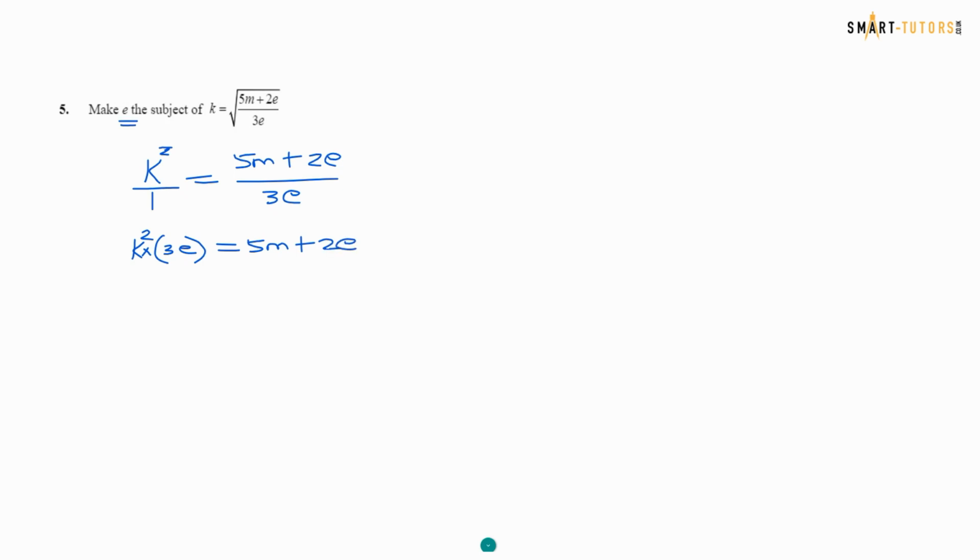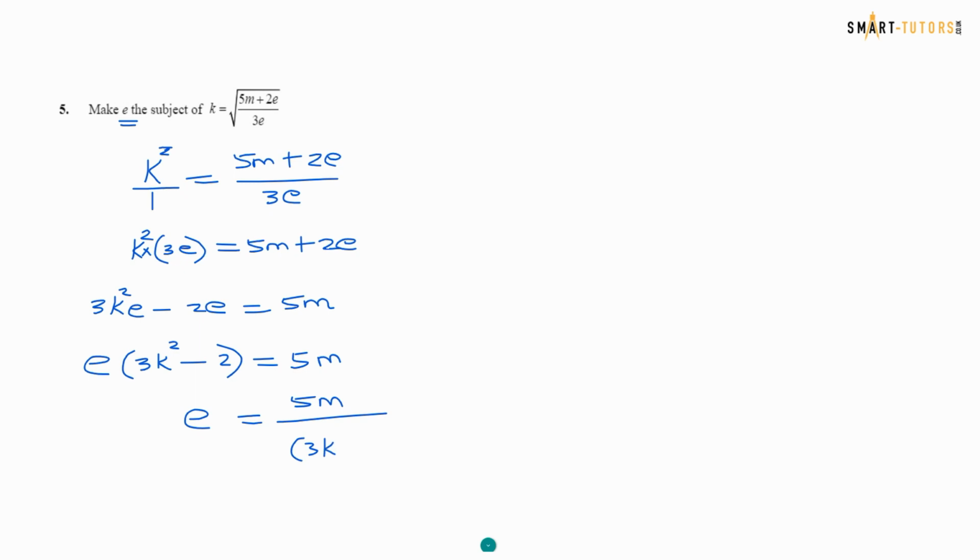E is the subject, so bring everything with e to one side. So 3k squared e minus 2e equals 5m, and take e as a common factor: e times (3k squared minus 2) equals 5m. So e is 5m over (3k squared minus 2), and that is the answer for question number 5. Make sure if e is in two or three places, you have to factorize it.